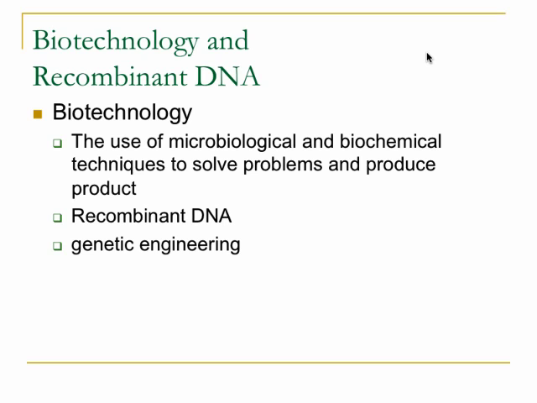Then later, just a matter of 3 or 4 years later, the first transgenic organism was made. So there's manipulation of the molecules to form recombinant DNA. So that's DNA from two different species.